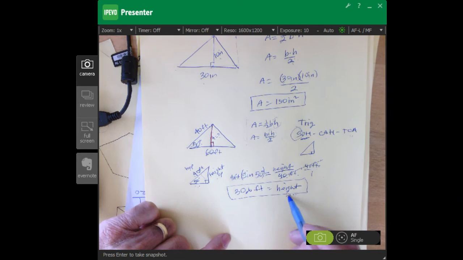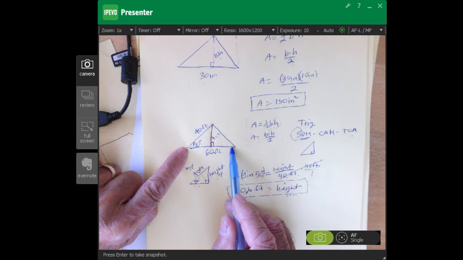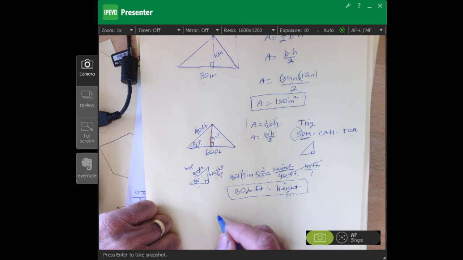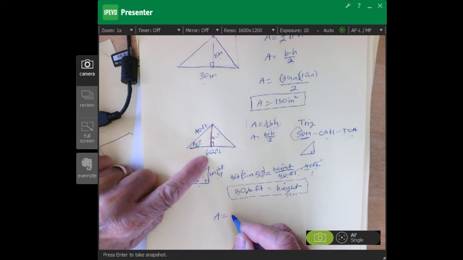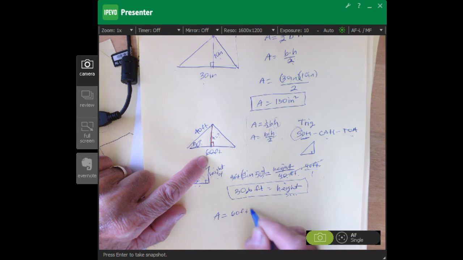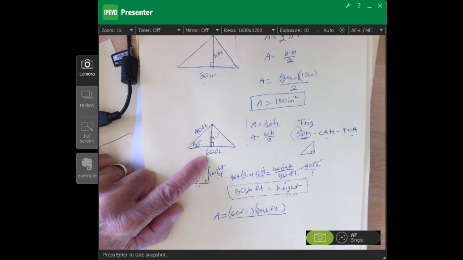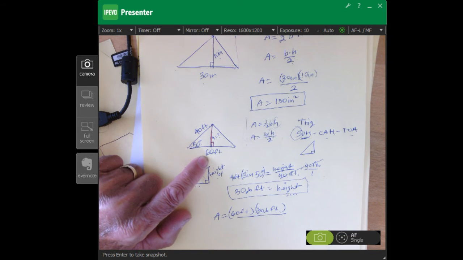So we can use this now with the original triangle base, plug it back in, and we have the area equals the base, which is 60 feet, times 30.6 feet, divided by 2.